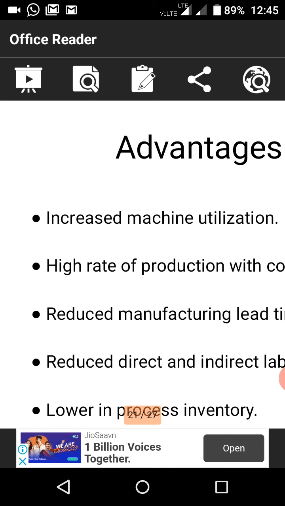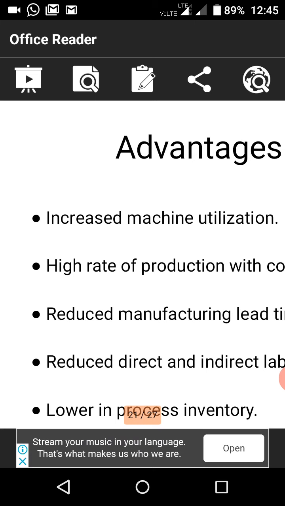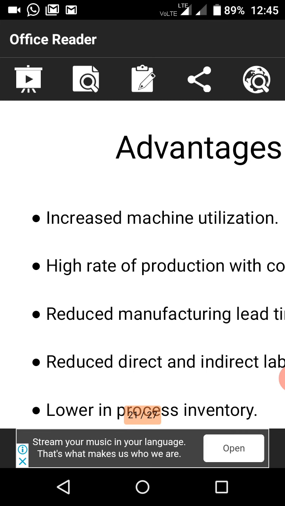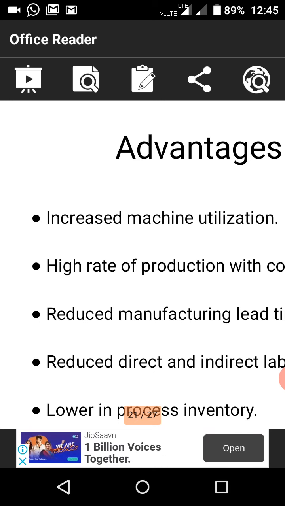We can reduce the manufacturing lead time when the machine works properly. Okay. Next, lower in-process inventory. Inventory means the work parts. Scheduling flexibility. Scheduling means keeping the time flexible. Improved accuracy and quality of manufacturing. Whatever manufacturing is going on should be accurate. Product quality should be improved.